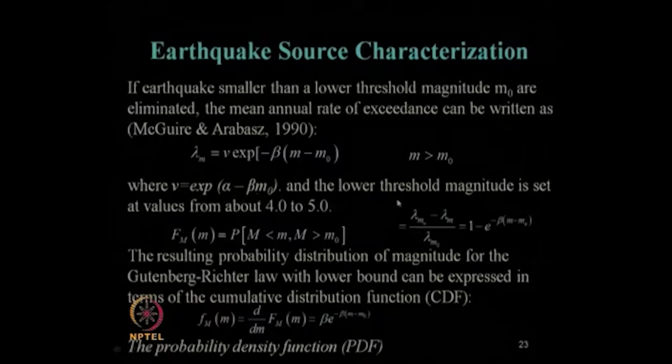And the lower threshold magnitude is set at values from about 4 to 5. As I have already said, it depends on the designers, or it depends on the importance of your structure, etc. Suppose if it is a residential building, not that important, you can select even a higher magnitude.